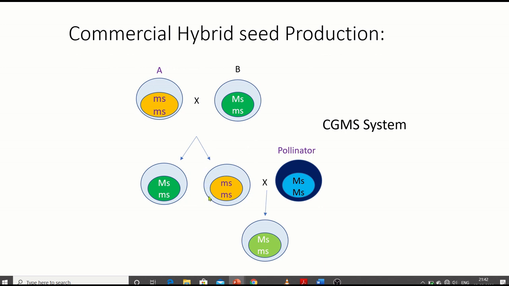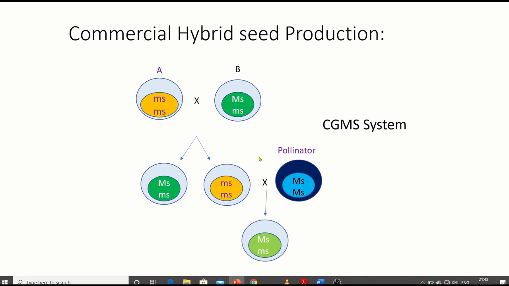Okay, this is required. Why required? Because the more female line, the more will be the number of seeds. Although the pollinator is also a desired parent, and the supply of pollen is also necessary, since there is no need of emasculation and high-end techniques in this pollinator parent, we are going to grow it in a field plot, and usually in certain cases the number of pollen grains is higher than the female eggs.